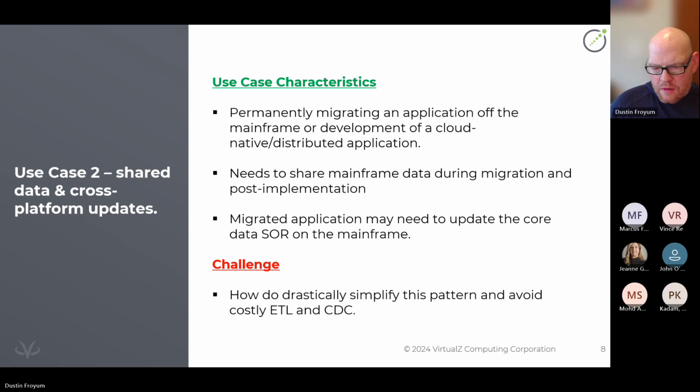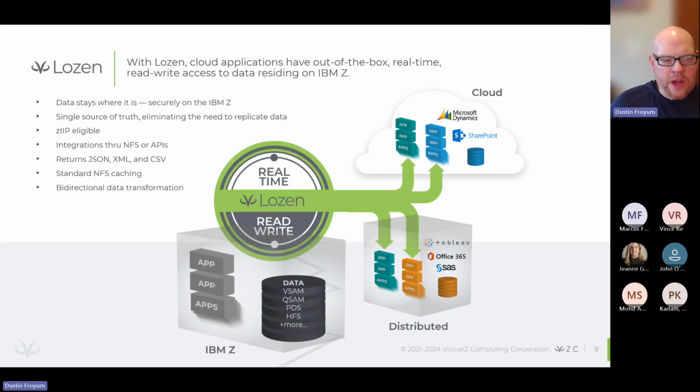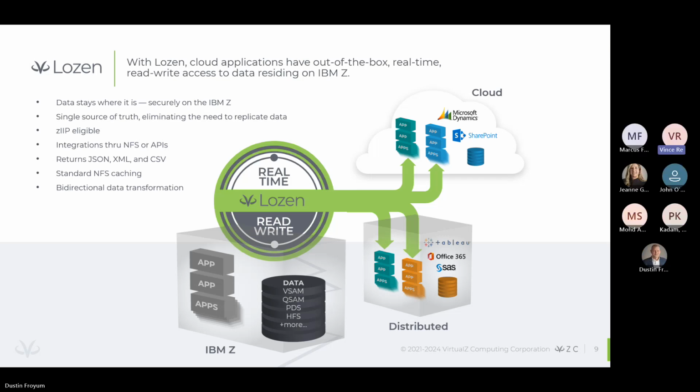So Vince, how do we attack that one, and what's really different about how we go about this? Yeah, at a high level, this is where our Lozen product comes in. Lozen takes your mainframe data and, without replicating it anywhere, it just stays where it is. All of the operations happen against that single copy of the data.